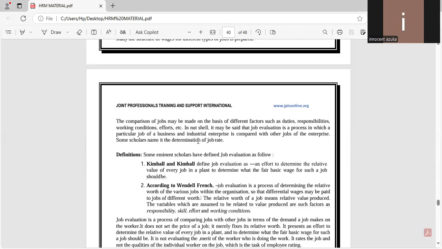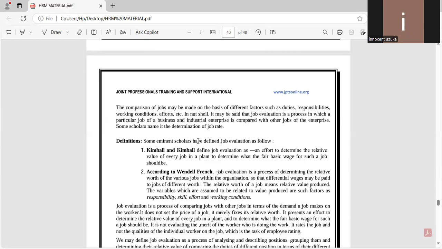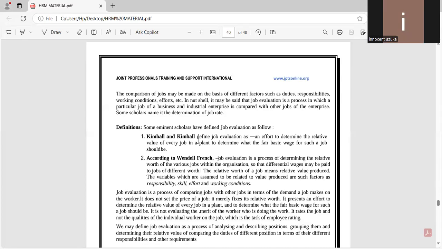According to Kimball, job evaluation is defined as the effort to determine the relative value, relative worth, of every job, and to determine what the fair basic wages for such a job should be.